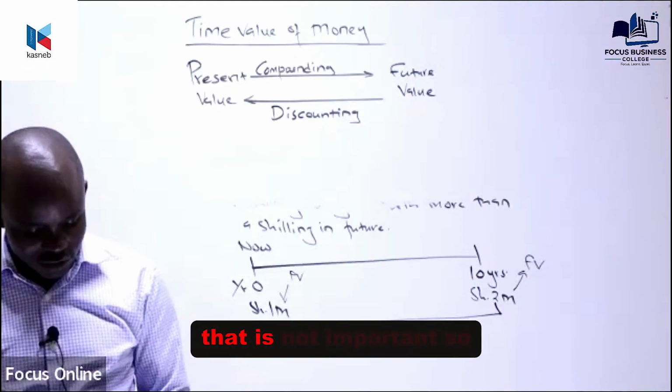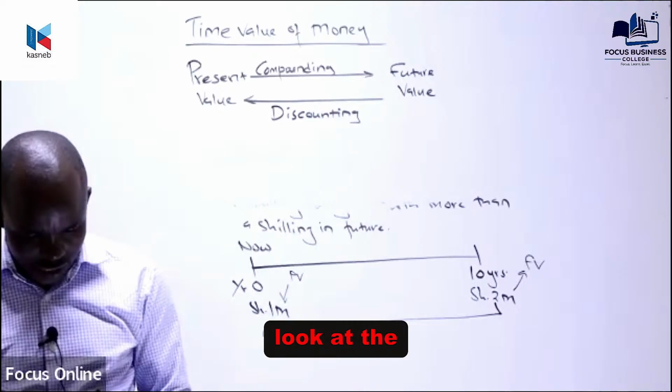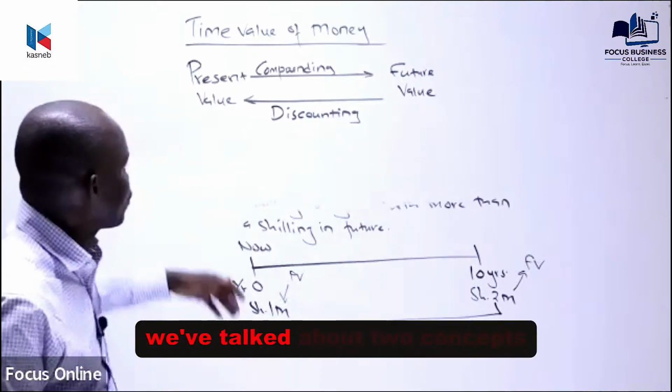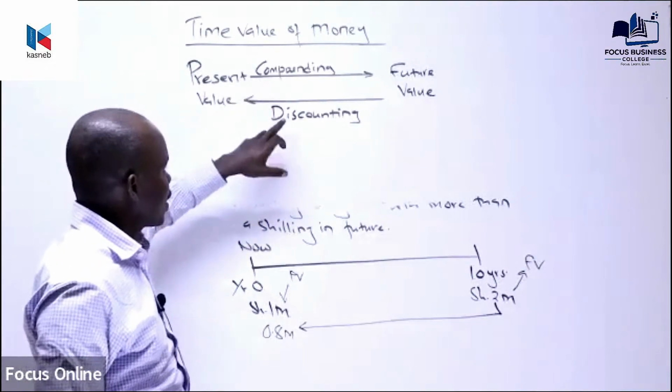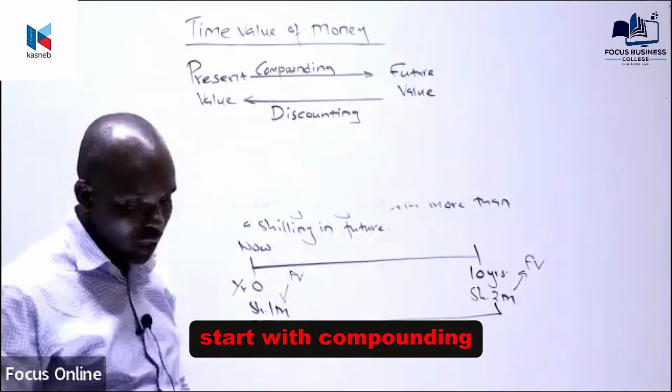That is not so important. We are under compounding techniques. Here we've talked about two concepts, the concept of compounding and the concept of discounting. I want us to start with compounding.